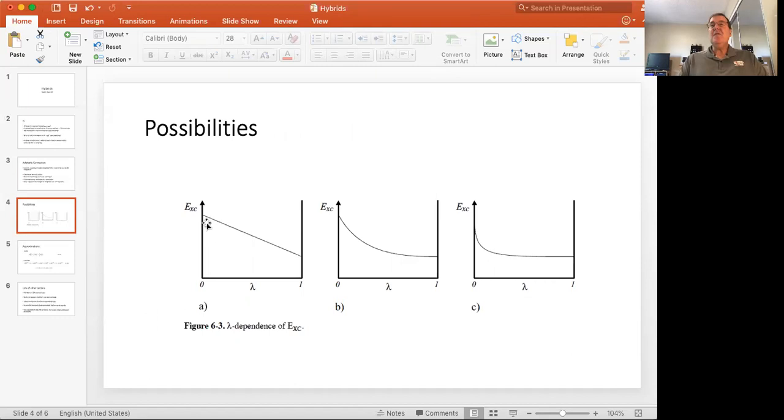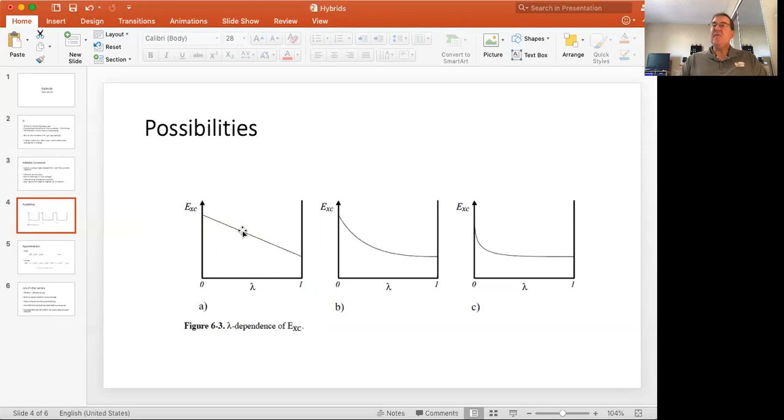So one thing, if it were this, you'd say, well, it's sort of 50-50, this piece and this piece, that is exact exchange and then fully wave function based. On the other hand, if it's here, you see the slope's a little more weighted towards the fully interacting system. And here, it's even more weighted to the interacting system.